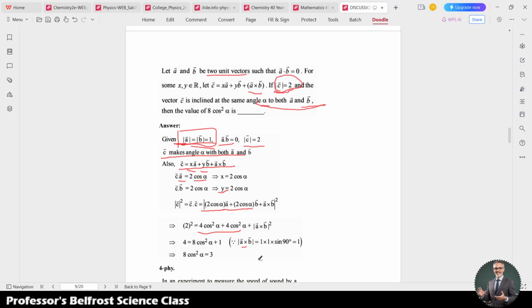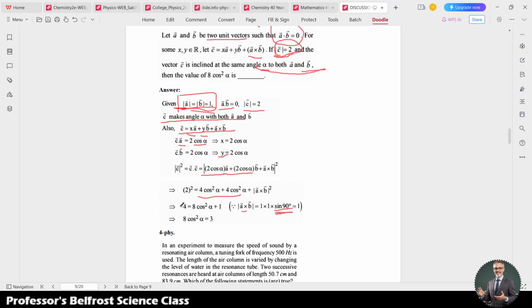They are two unit vectors, and a dot b equals 0, so this is actually 90 degrees. So 1 times sin 90 degrees is 1. So 8 cos square alpha equals 4 minus 1, which is 3.